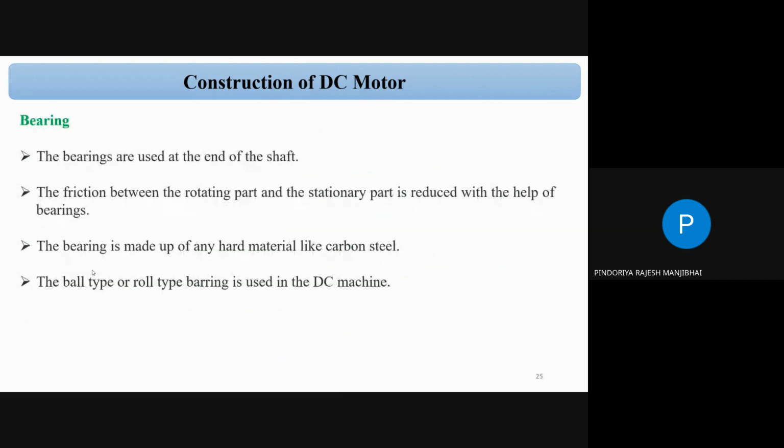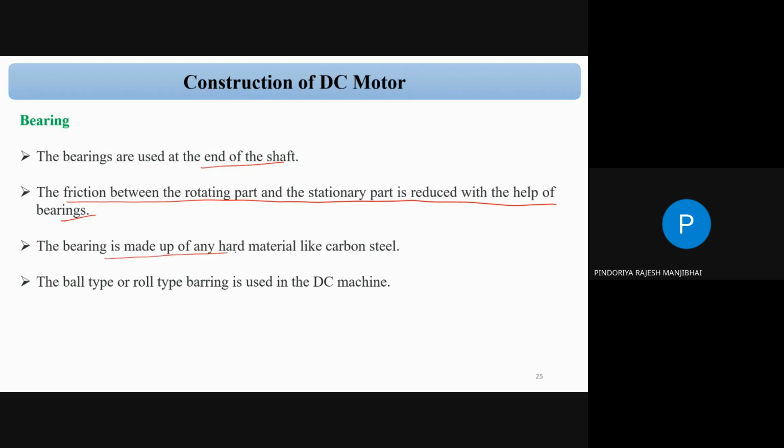What is the role of the bearing? Bearings are used at the ends of the shaft. The friction between the rotating part and the stationary part is reduced with the help of the bearing. Without the bearing, the motor can rotate, but when we connect the load to the shaft, the bearing is a necessary component.